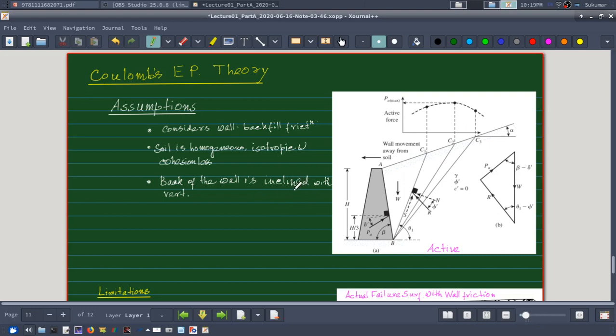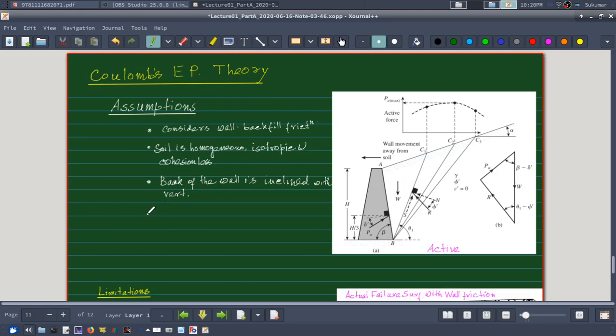And this was important because those days mostly stone masonry walls were constructed, and for the strength purposes and bearing capacity purposes, the wall had to be thicker at the bottom and thinner at the top, and therefore the back of the wall invariably had some inclination. Okay.